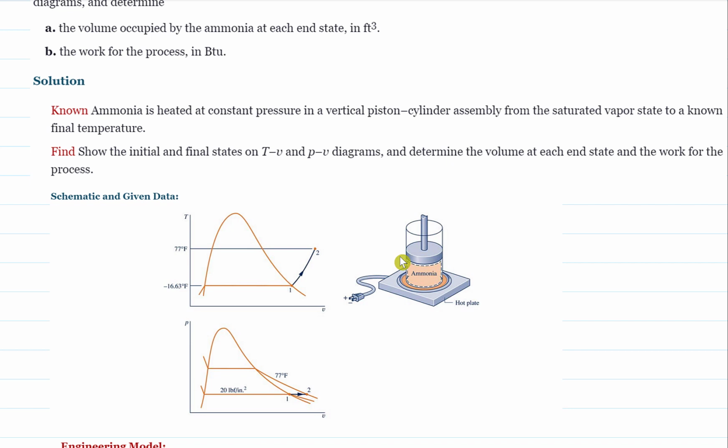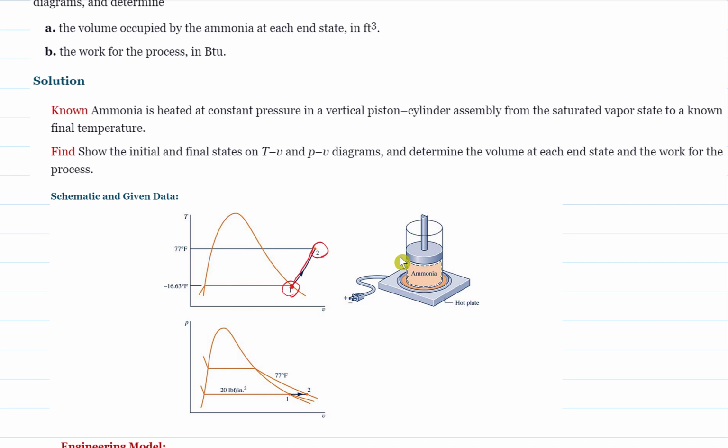We can say initially it's at state 1, on the saturated vapor line. Heat is transferred to the ammonia and the pressure remains constant, so the process follows a constant pressure line. Constant pressure lines go up to the right, and it stops at 77 degrees Fahrenheit. This is the final state, state 2.